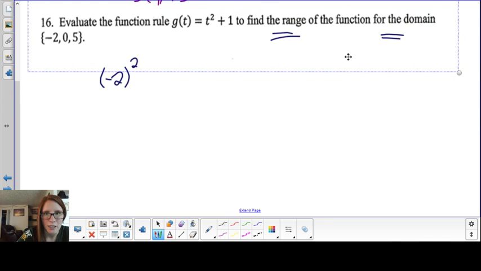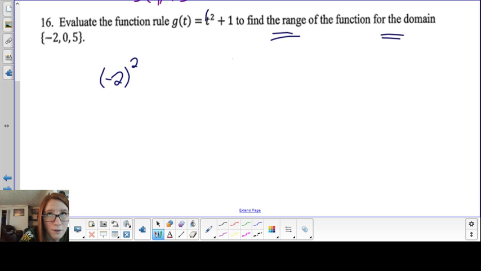The reason is I want to put parentheses as best I can just around the variable. That variable is squared, so the little 2 is outside my parentheses. So I have negative 2 squared plus 1. Negative 2 times negative 2 is positive 4, and 4 plus 1 is 5.